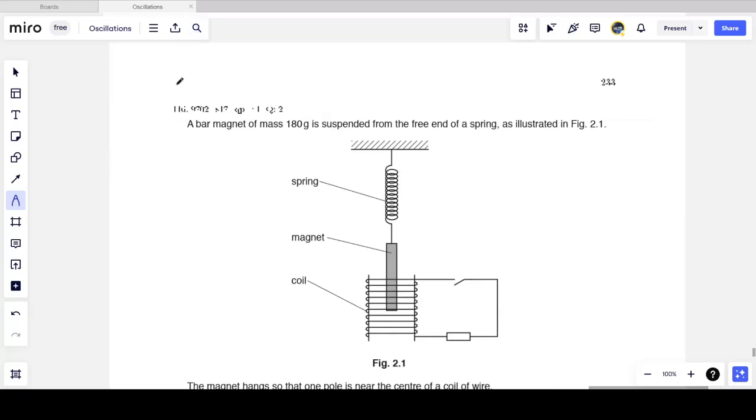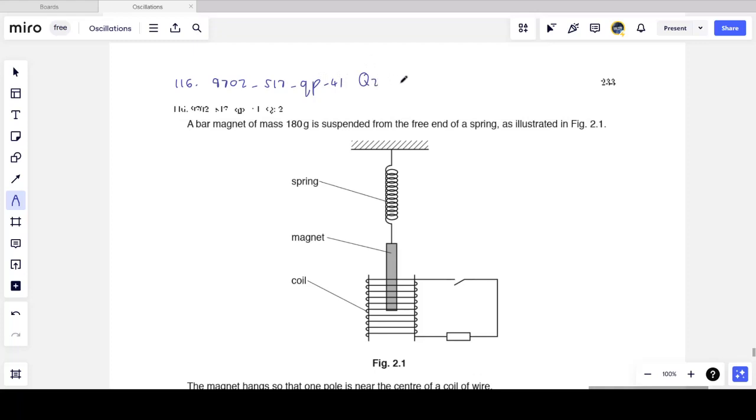The last question here is question 116. And this question comes from the summer of 2017. It's question paper 4, variant 1, and it's question number 2 from that paper.